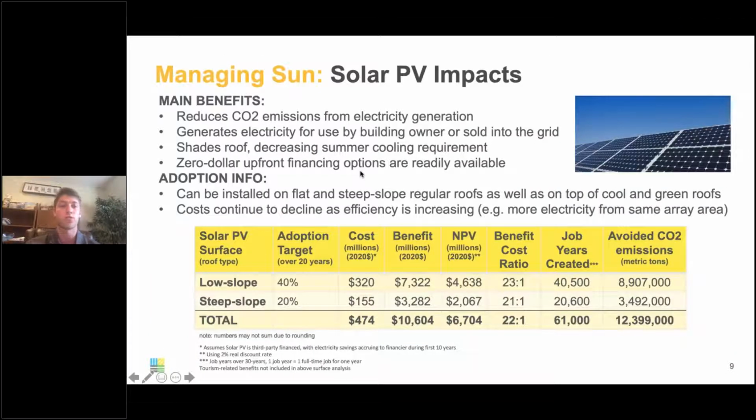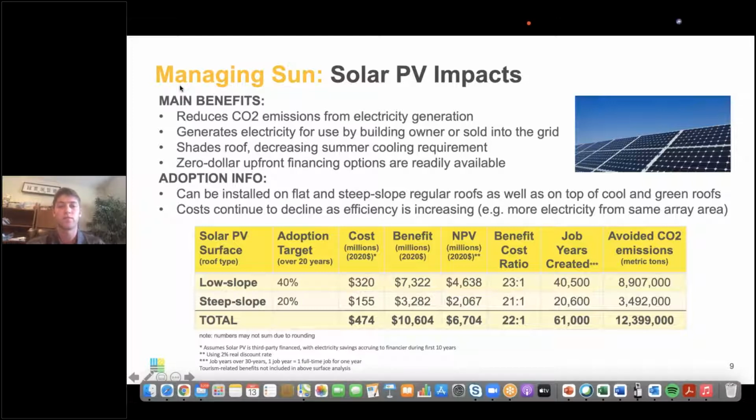Managing sun, we really look at solar PV on, again, low slope roofs and steep slope roofs. The benefit cost ratio for solar PV is really high because of a lot of these third-party financing options that are readily available for cities.